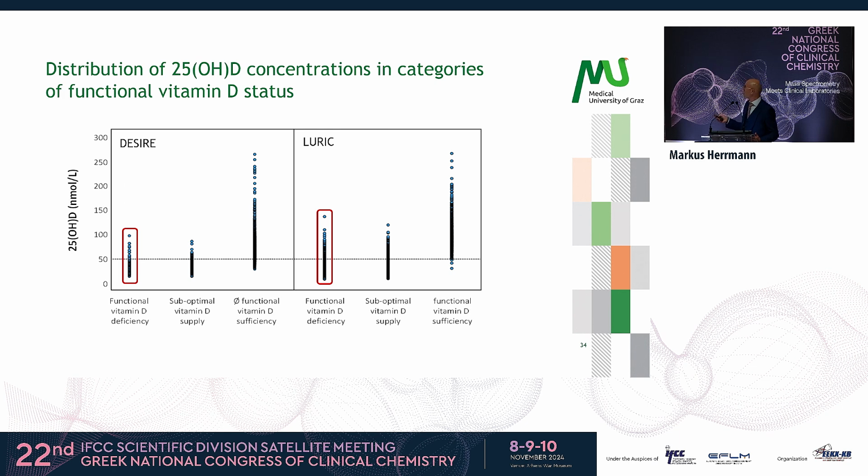And vice versa, in the group without functional vitamin D deficiency, there was a considerable number of individuals with low 25-hydroxyvitamin D concentrations. So clearly, 25-hydroxyvitamin D is not a really good indicator of how well your vitamin D metabolism is running.